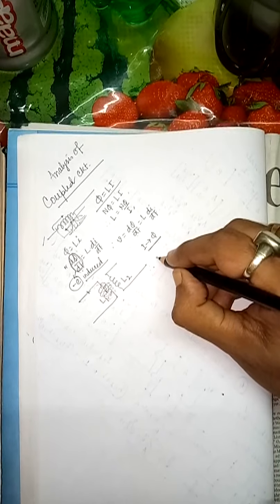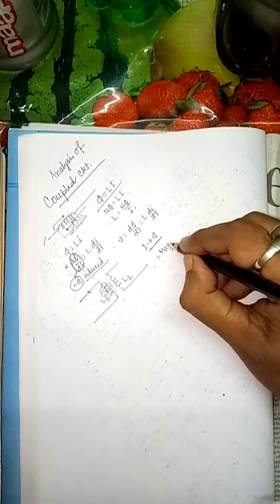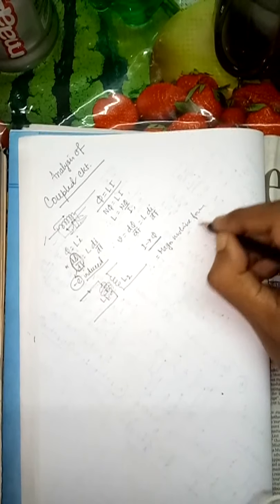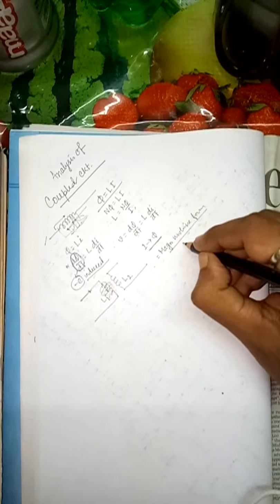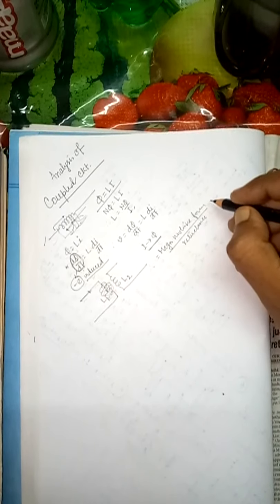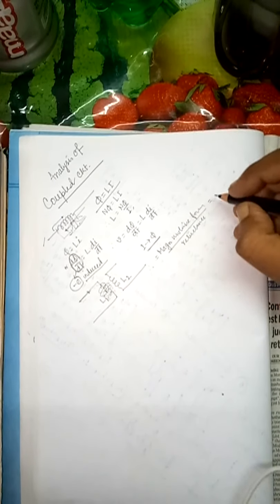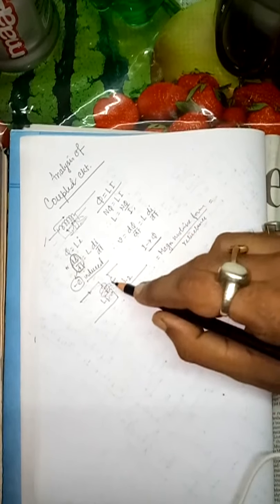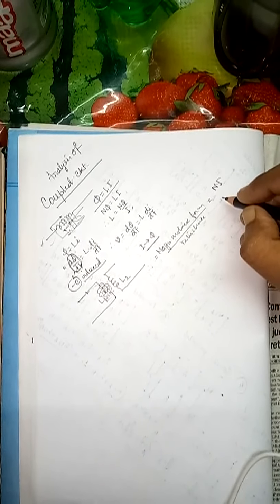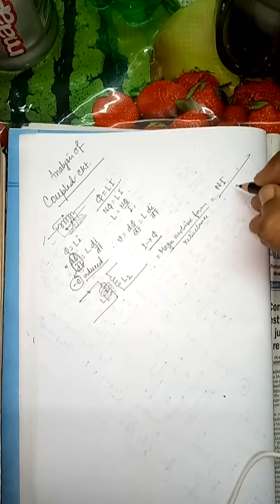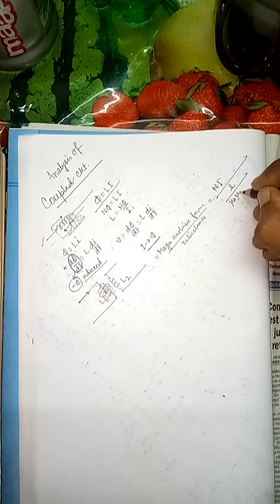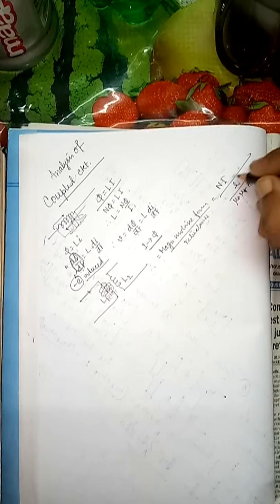Phi is the total magnetomotive force divided by the reluctance. Where in a coil the current I is related, the net magnetomotive force is Ni and the reluctance is l by mu 0 mu r into A. It is a case of a solenoid.